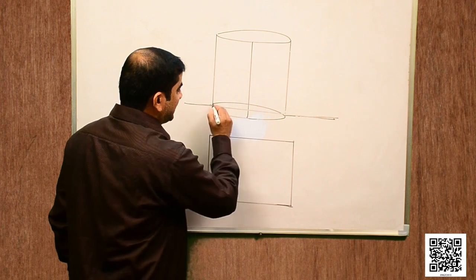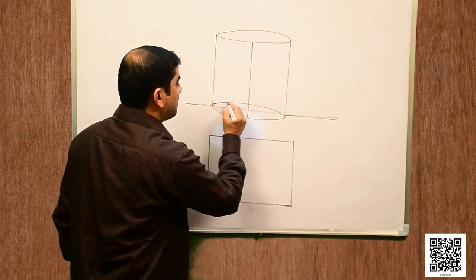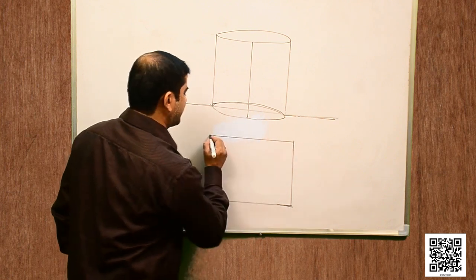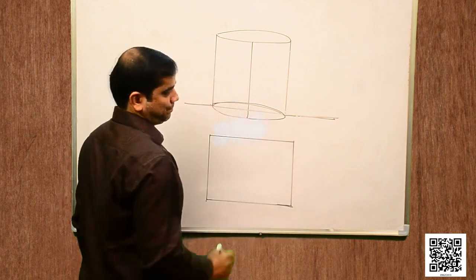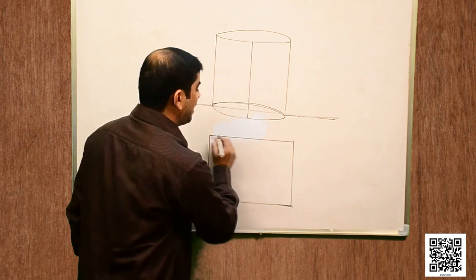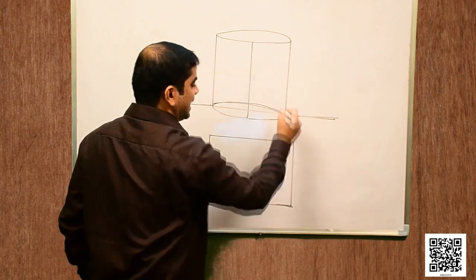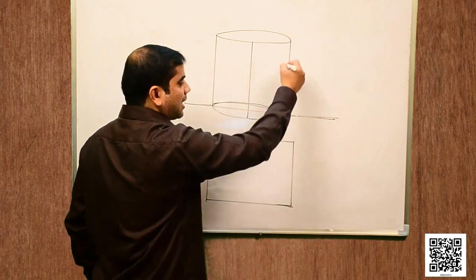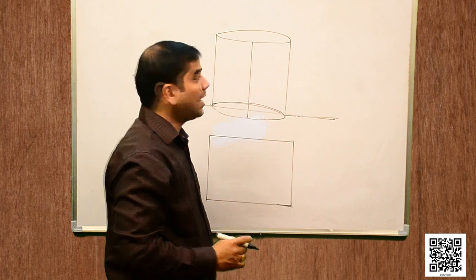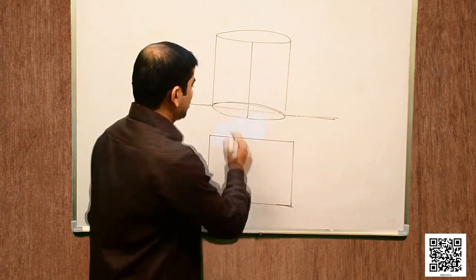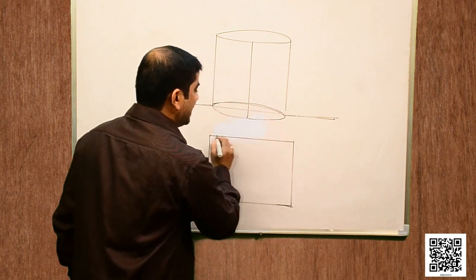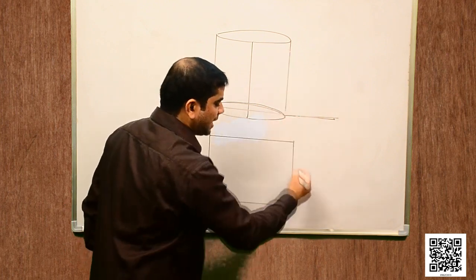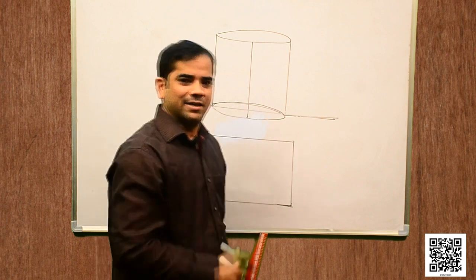So think, the circumference of the circle after opening up becomes the length of the rectangle. And the breadth is nothing but the height of the cylinder. So the circumference is the length of the rectangle and the height of the cylinder is the breadth of the rectangle.